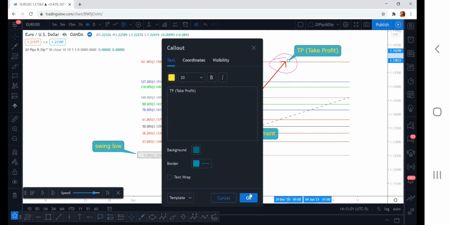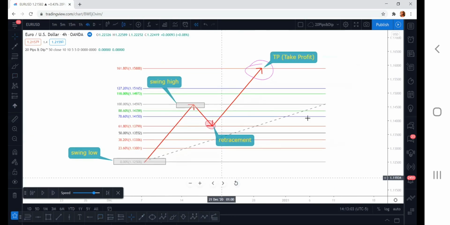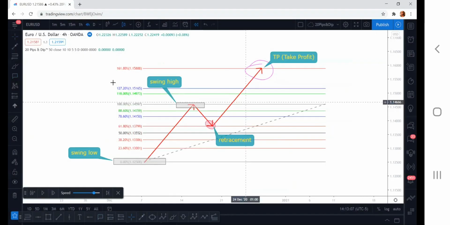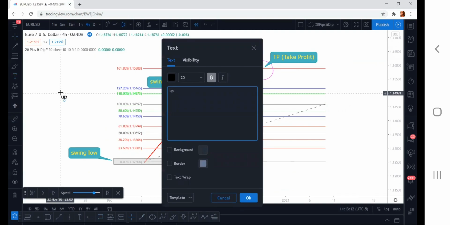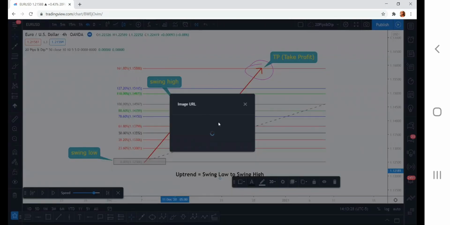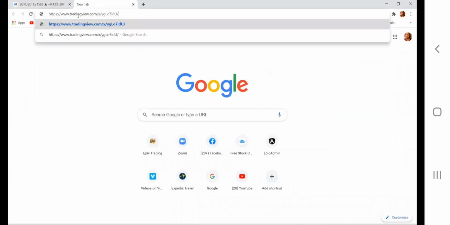So in the uptrend, we're going to do swing low to swing high. And this is what this looks like. I'm actually going to save these for future reference.